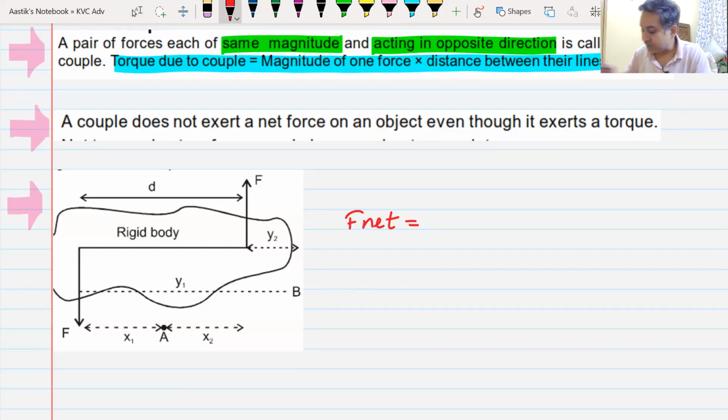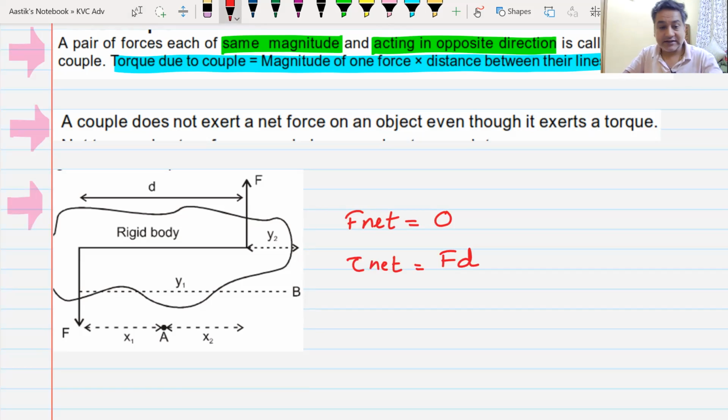Zero. But what will be the net torque? It will be F multiplied by D, where D is the distance between the two forces.